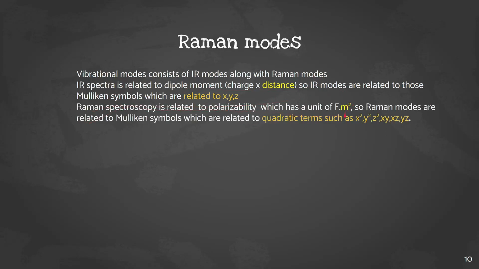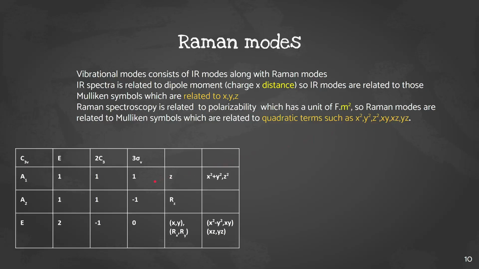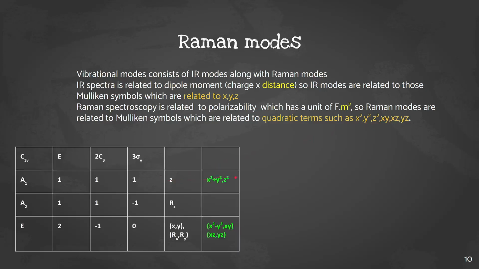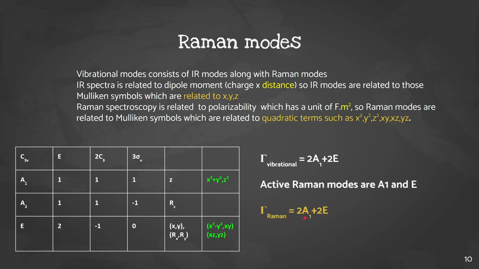That means the quadratic terms x², y², xy, xz, yz are the representing factors for Raman modes. If we check the point group, we can see those terms are here and here. So A1 and E both represent the Raman modes. τ vibrational has both contributions, and that's why we can write τ Raman as 2A1 + 2E.